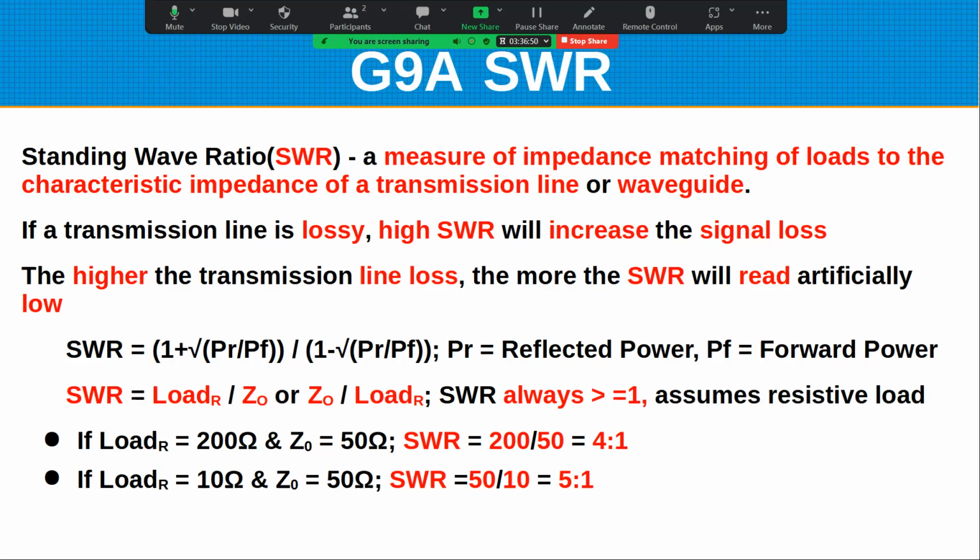If the transmission line is lossy and you have a high SWR, you're going to get additional loss in the cable, because you're actually going to have a lot more current due to that standing wave than you would without a reflection. So there will be more heating of the coax and more loss in the coax or the twin lead.